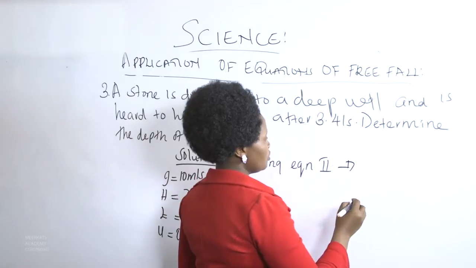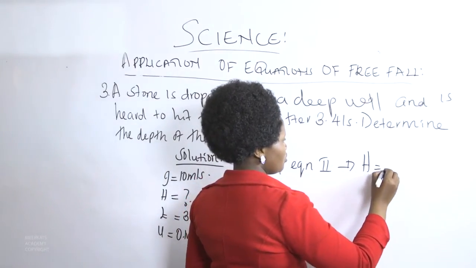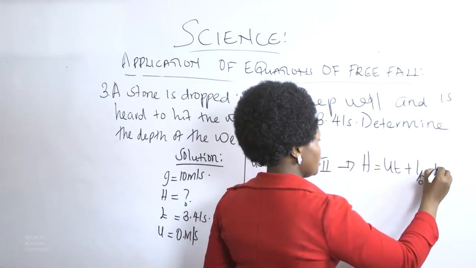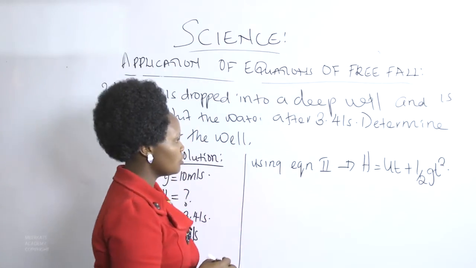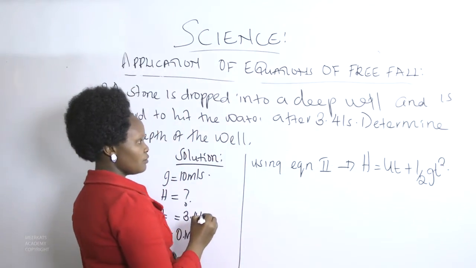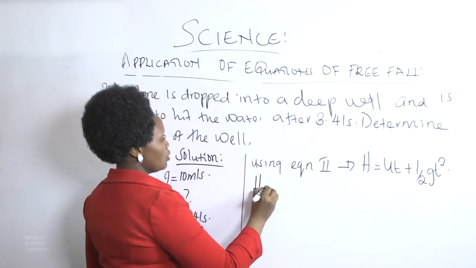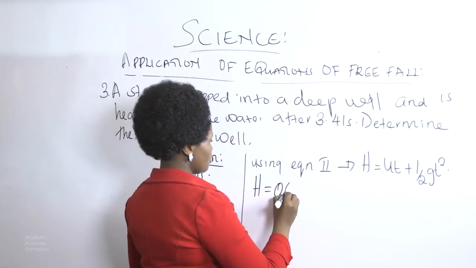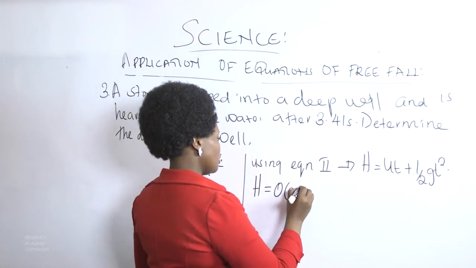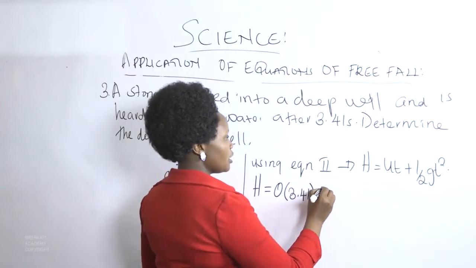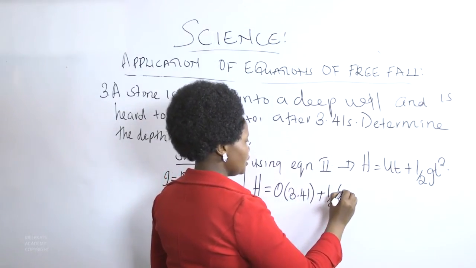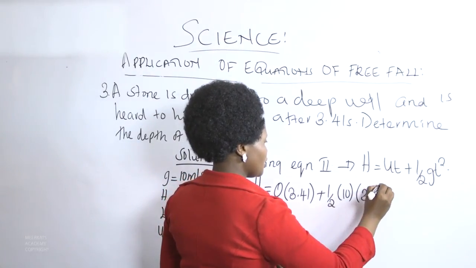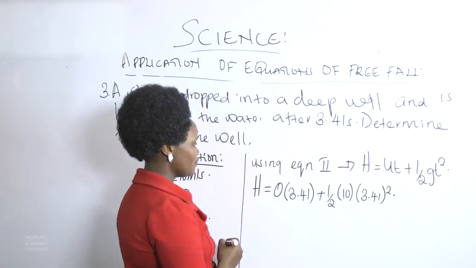Equation 2 is h equal to ut plus a half gt squared. We want to substitute for the values that we have. H, which is our quantity of interest here, is equal to 0 times 3.41 plus a half multiplied by 10 and then by 3.41 squared.